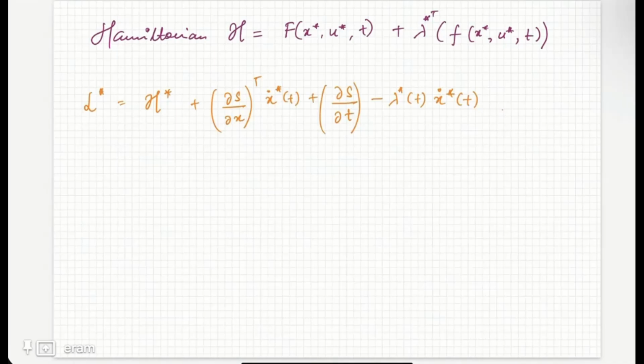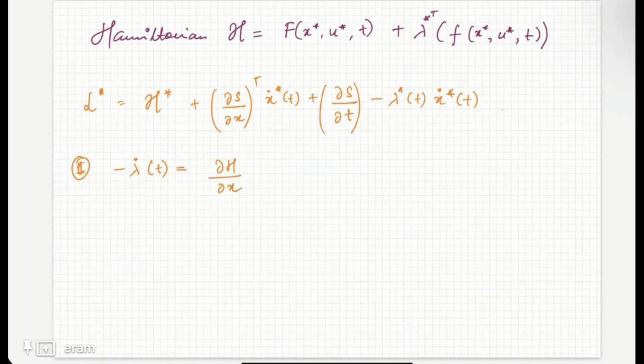So that's the relation between Lagrangian and Hamiltonian. Now how those optimality conditions are translated from the picture of Lagrangian to the picture of Hamiltonian. So the optimality conditions are modified as, the condition number 1, we have to give minus lambda dot t will be equal to dou h by dou x.